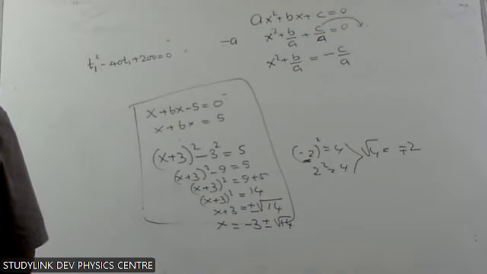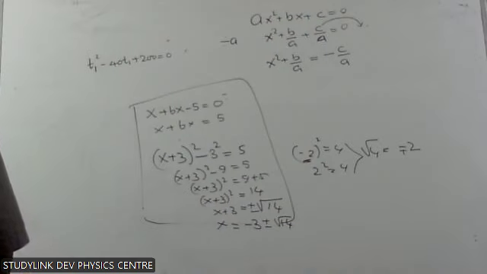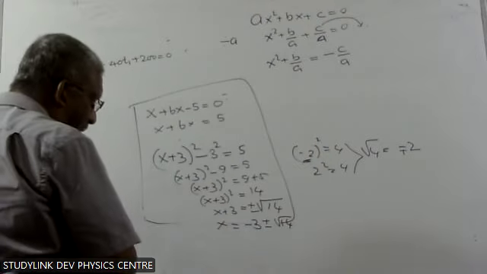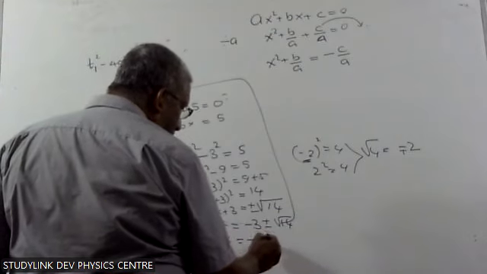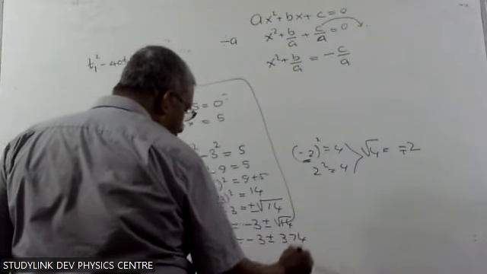You can use logs and find the square root of that. 3.74. x is equal to minus 3 plus or minus 3.74.